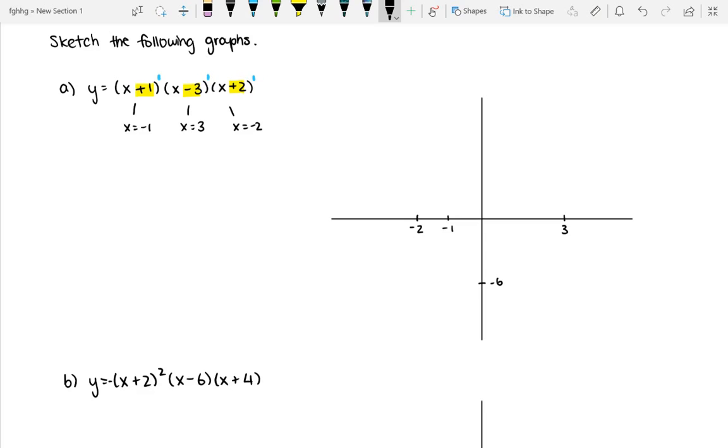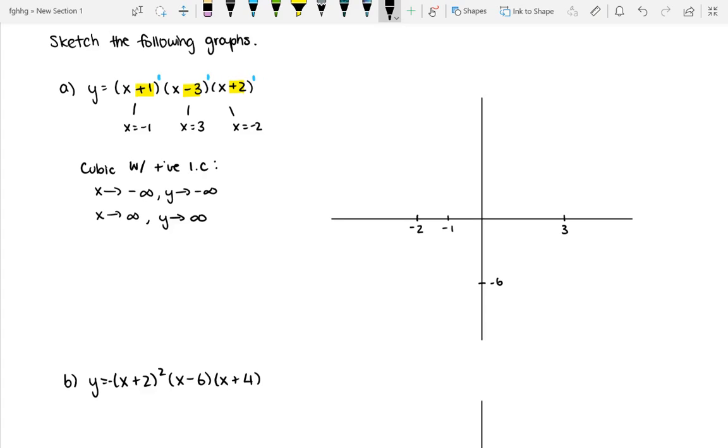So let's think about the end behaviors for a cubic function with a positive leading coefficient. What are the end behaviors? The end behaviors for this graph would be as x approaches negative infinity, y approaches negative infinity. As x approaches positive infinity, y approaches positive infinity, right?